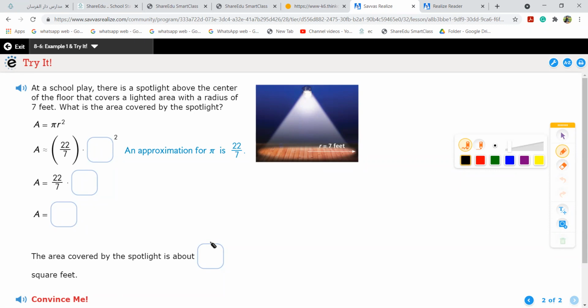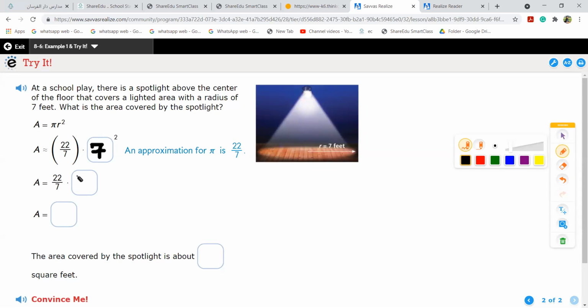How much is the radius, Zishan? Dana, how much is the radius? Judy, how much is the radius? Seven. No one is participating. No one wants to talk.